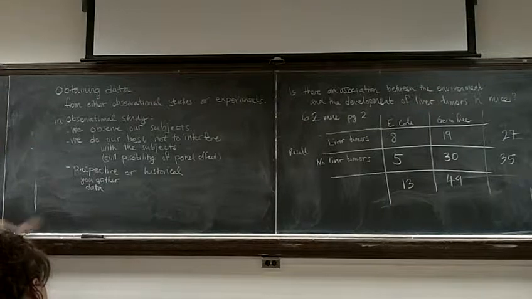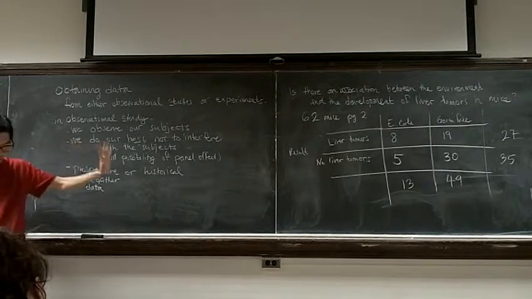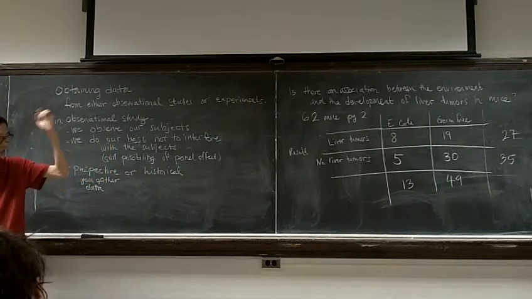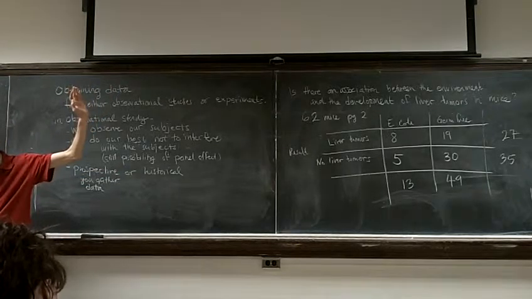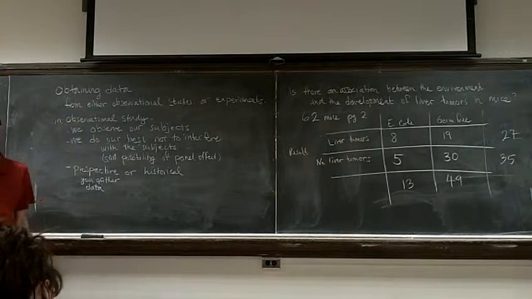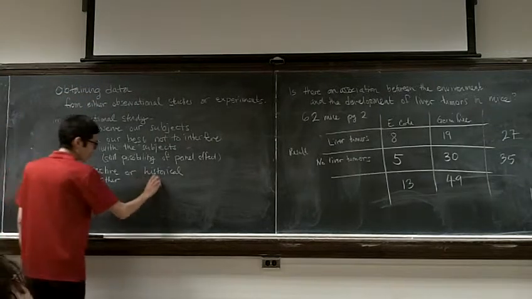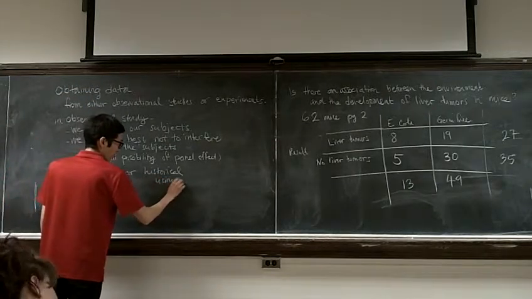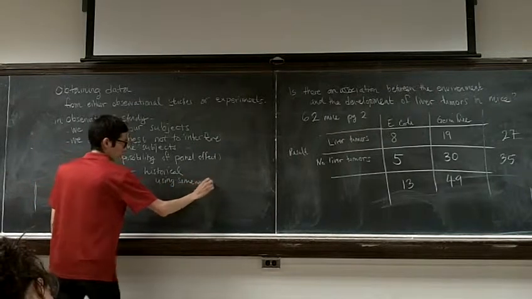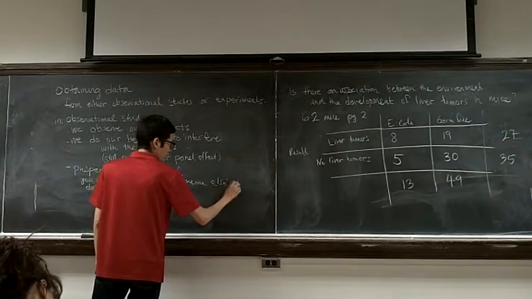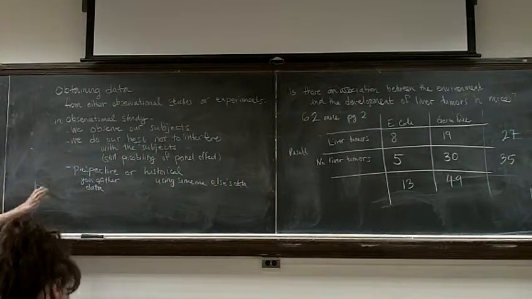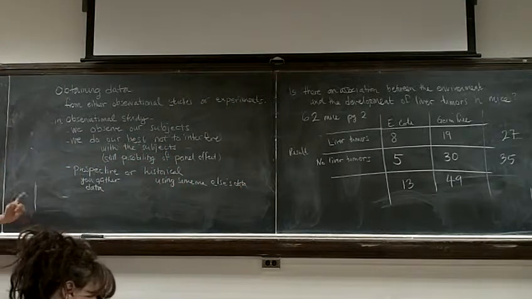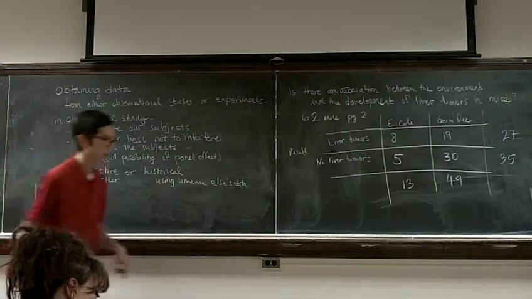So you gather the data. There's no experiment being done there. You're just gathering data. In historical, somebody else has gathered data, and you're just using their data. Using someone else's data. All right. But the thing about observational studies is that you can never draw a cause and effect conclusion.